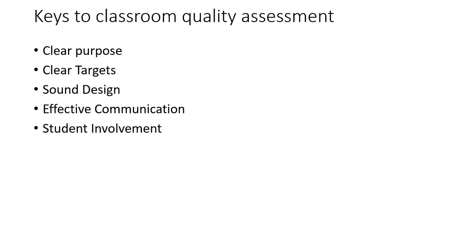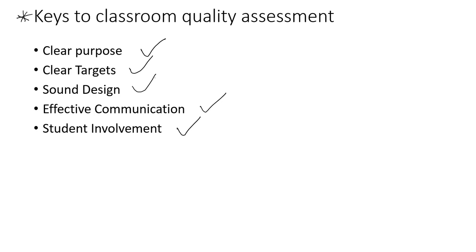So, what are the keys to classroom quality assessment? There are 5 keys that we use. You need to have clear purpose, clear targets, sound design, effective communication, and student involvement.